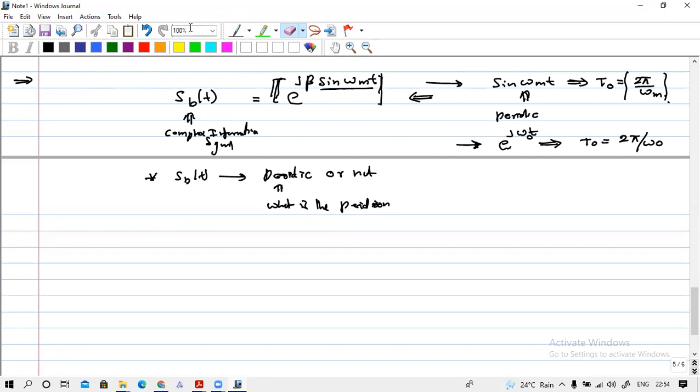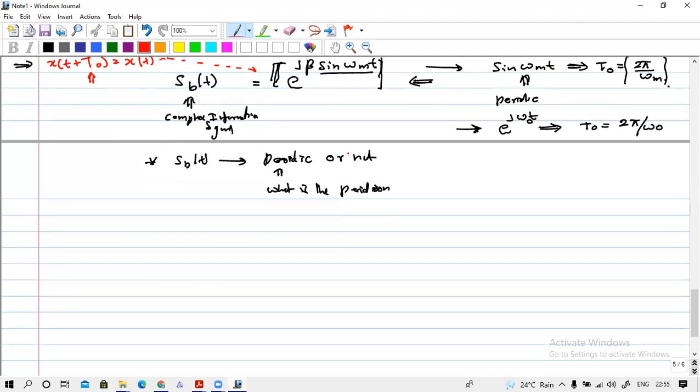You can use the periodic condition x(t plus T naught) equals x(t) to prove whether it is periodic or not, and also find this T naught using this identity. But here I'm not going to do this.